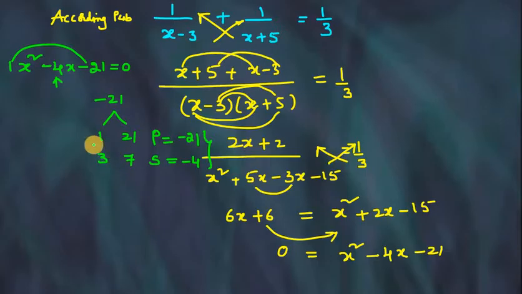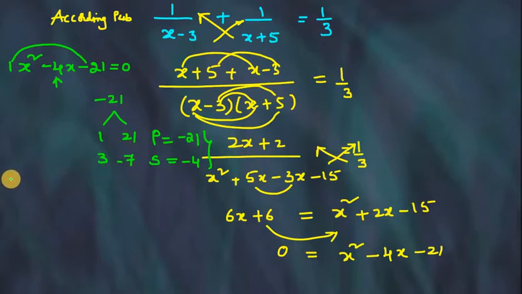So with some modification we'll move further. If I take minus 7 here, 3 minus 7 is minus 4. Yes, the condition is satisfied. 3 into minus 7 is minus 21. So both conditions are satisfied and I can use this pair.